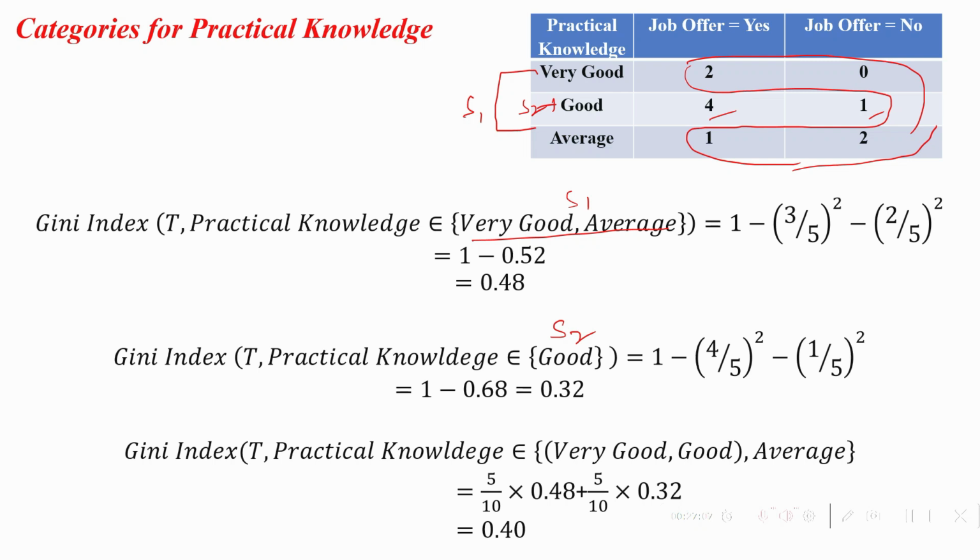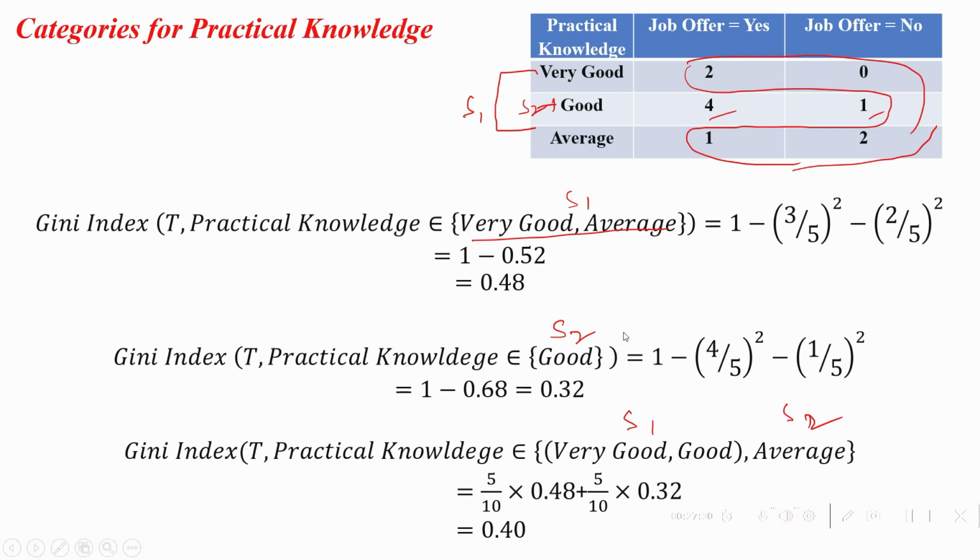Now we are finding the Gini index of the target variable with respect to subset 1 and subset 2. Subset 1 is very good and good, and subset 2 is average. So that is equal to 5 by 10 into 0.48 plus 5 by 10 into 0.32, which is 0.40.